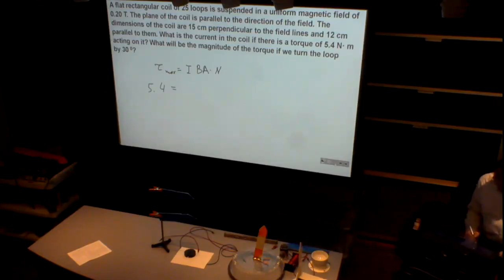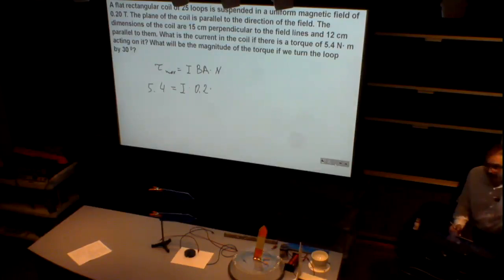5.4 newton meters should be equal to the electric current, which we don't know, times the magnetic field strength, which is 0.2, times the area. Well, the area of a single loop will be equal to length times, oops, why did I do this? I don't know.